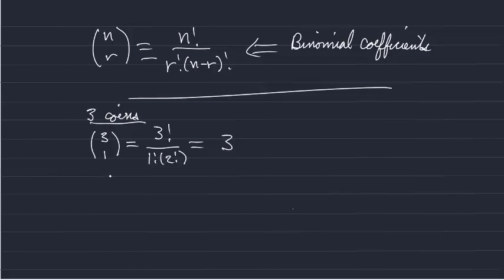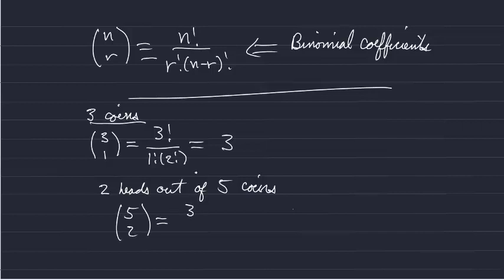The last simple example, let's just consider 3 heads out of 5 coins. How many ways can we get 3 heads out of 5 coin tosses? And that's 5 over 2. That's 5 factorial, not 3 factorial. R is 2 factorial, and 5 minus 2 is 3 factorial.